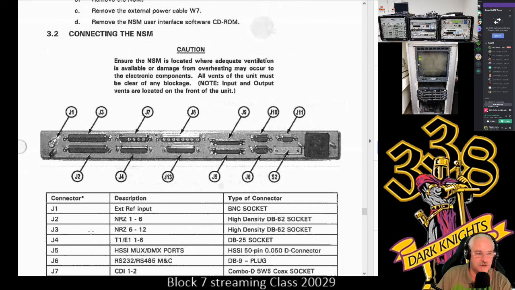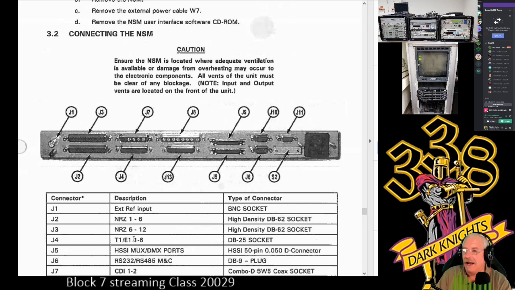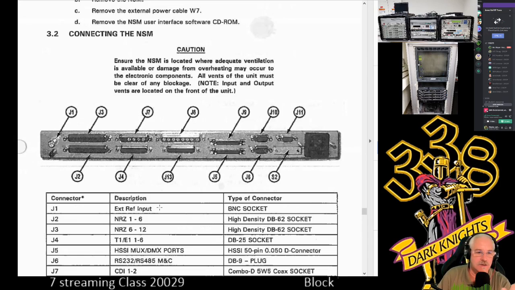J2 is 1 through 6, J3 is 6 through 12. So it gives you an idea that, hey, I can connect up to 6 NRZ ports per J1, J2 and J3. You can see how this is all broken out when you take a look at the back of the case versus the actual back of the NSM.